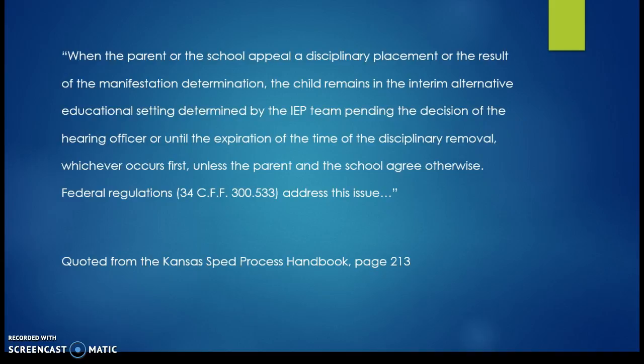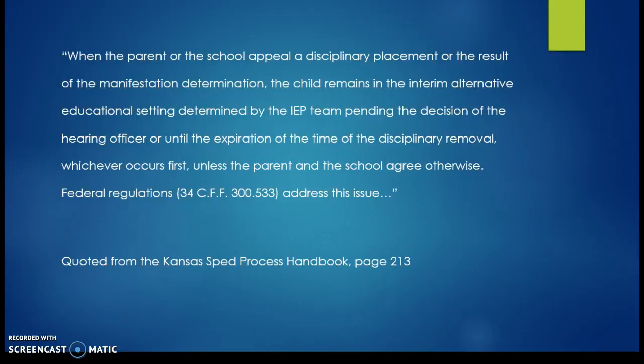When the parent or the school appeal a disciplinary placement or the result of the manifestation determination, the child remains in the interim alternative educational setting determined by the IEP team, pending the decision of the hearing officer or until the expiration of the time of that disciplinary removal, whichever occurs first, unless the parent and the school agree otherwise.